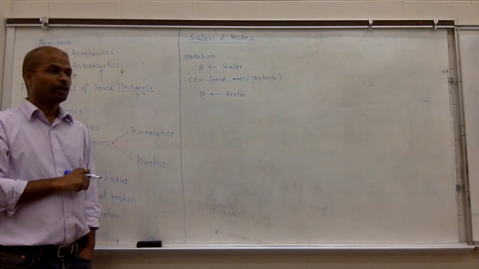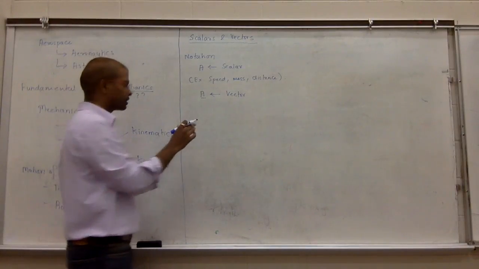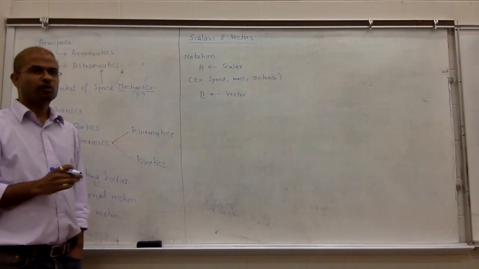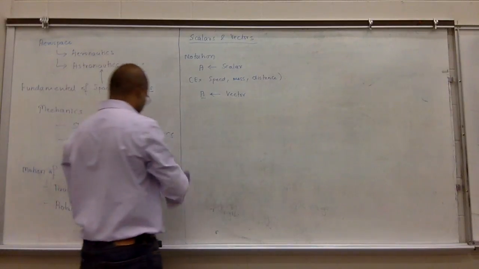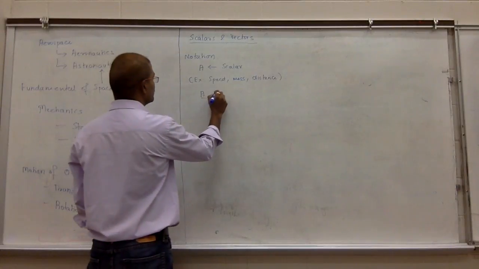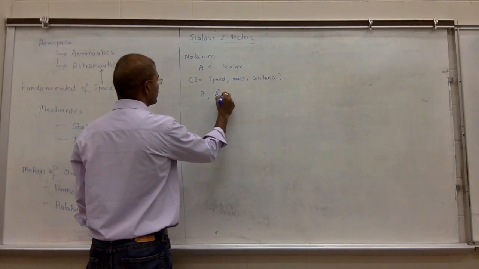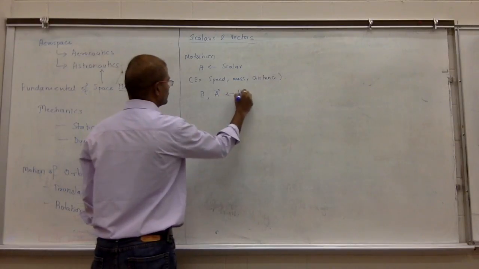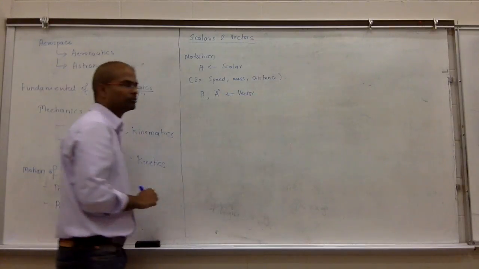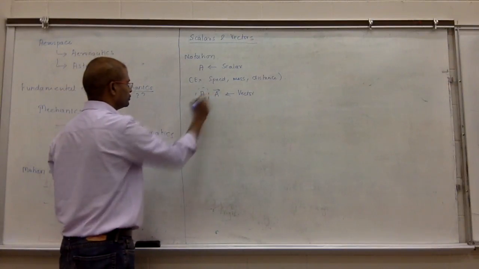I'll come to that as well. I'll show you. So again it depends on what you use. This or this is acceptable, but try to use this. I'll tell you why.